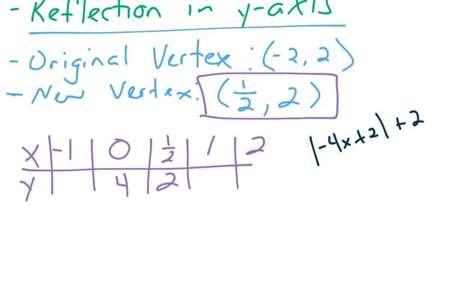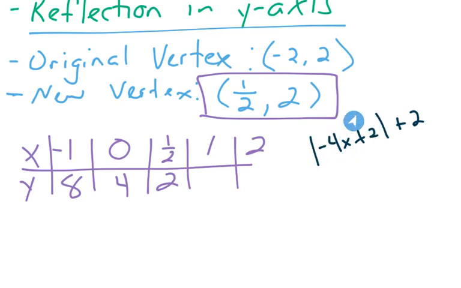Let's go with negative 1. Negative 4 times negative 1 is positive 4. Positive 4 plus 2 is 6. The absolute value of 6 is 6, and then 6 plus 2, that would be 8. Keep going. Let's try 1. Negative 4 times 1 is negative 4. Negative 4 plus 2 is negative 2.